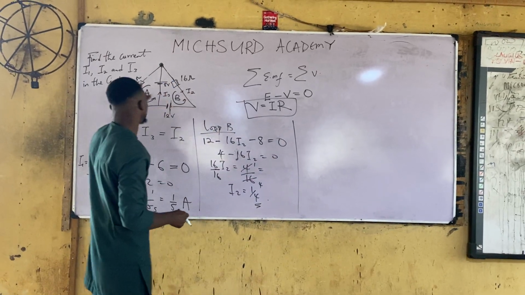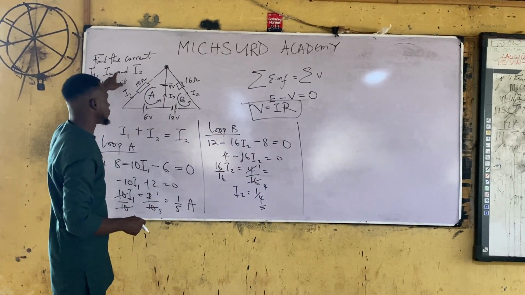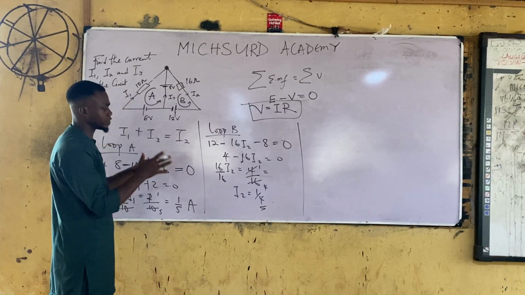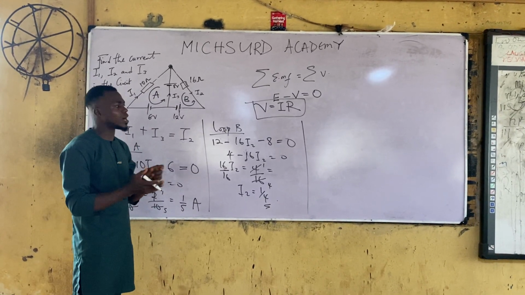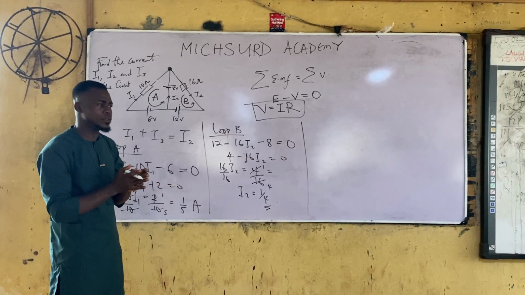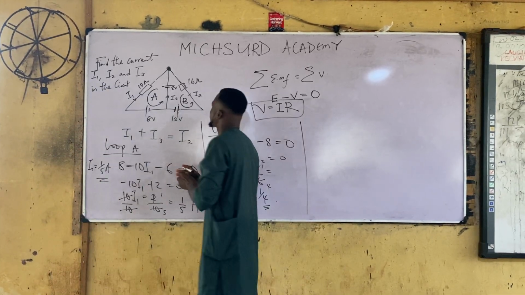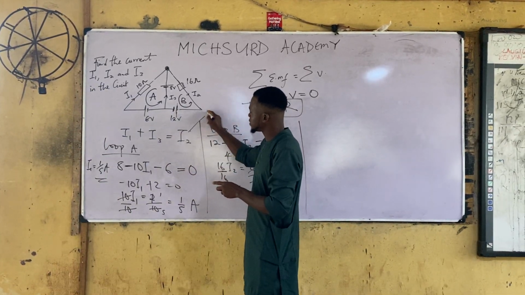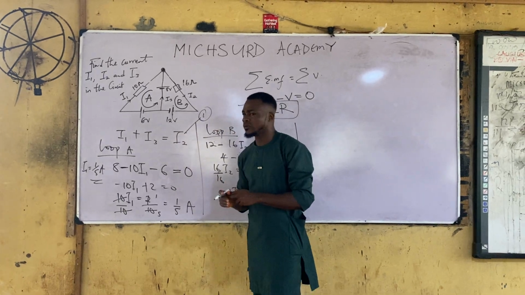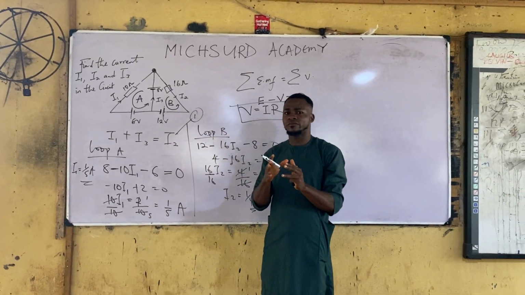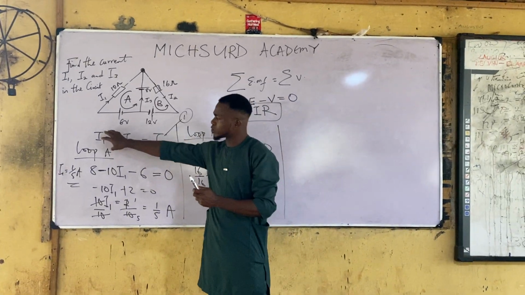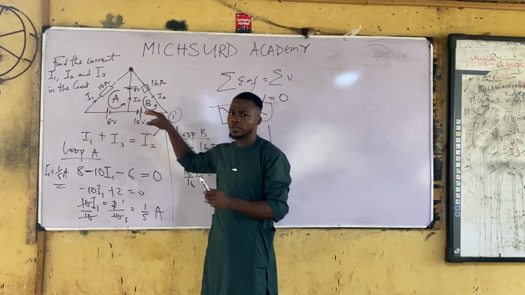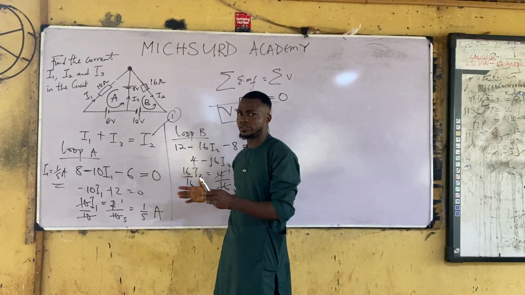Remember the question says get for I1, I2 and I3. So we have succeeded getting I1 and we have gotten I2. Now how do we get our I3? Now if you watch it from here, from our first equation, equation 1, when we look at Kirchhoff's first law, we saw that the sum of currents entering the junction equals the sum of currents leaving the junction.